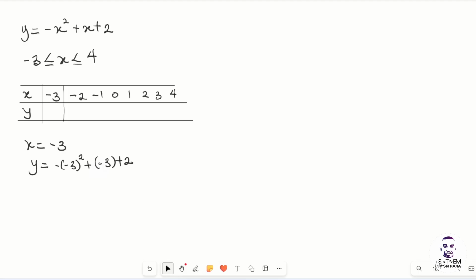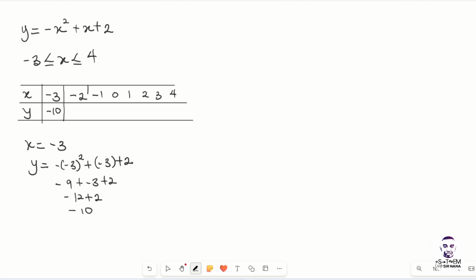So it means that the negative 3 squared becomes positive 9, so we have negative 9 here. We square that term to give us negative 9. So plus negative 3 plus 2. So we get negative 12 plus 2, and I believe that will give us negative 10. So it means that negative 3 goes with negative 10.